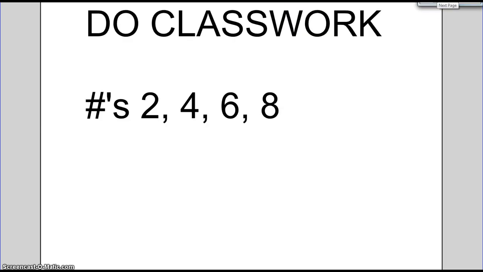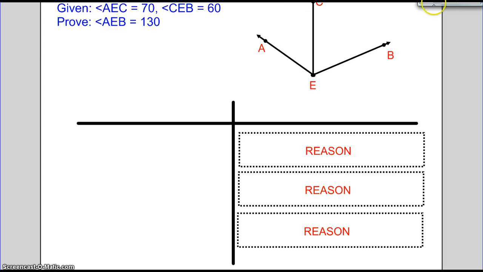You do some classwork on your own. Now let's work this out. So if I have given AEC and CEB, the total is going to be 130. So I start off. That's angle AEC plus angle CEB gives me angle AEB.